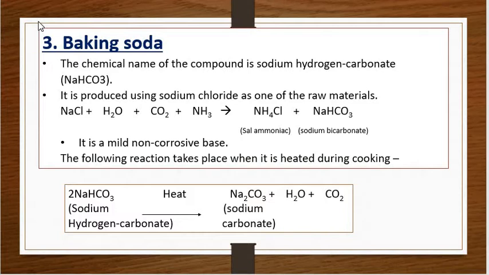On reaction we get two products. One of the products is baking soda, which is sodium bicarbonate or sodium hydrogen carbonate, and the other product is sal ammoniac or ammonium chloride. Both the compounds are very useful and valuable to us.